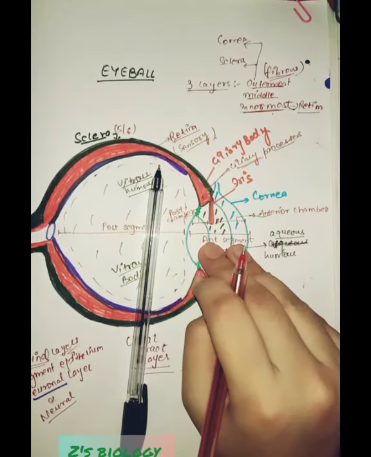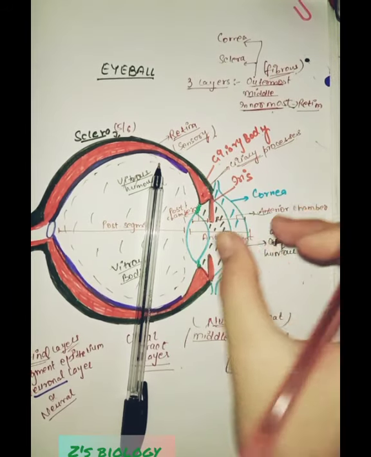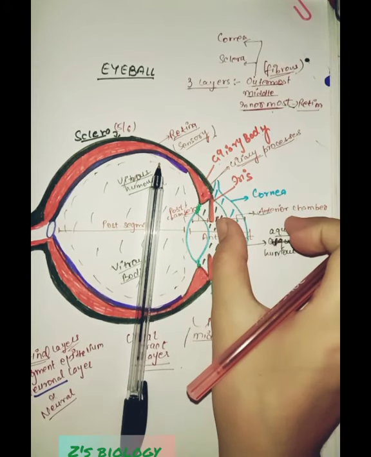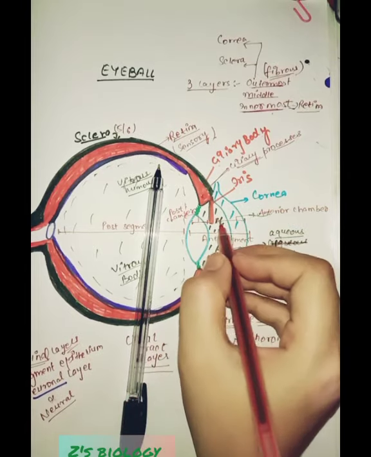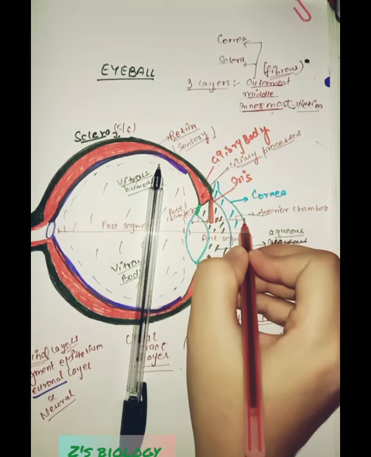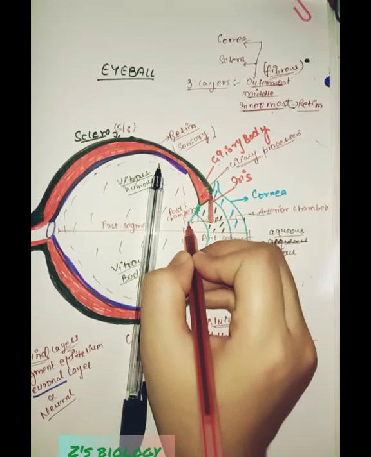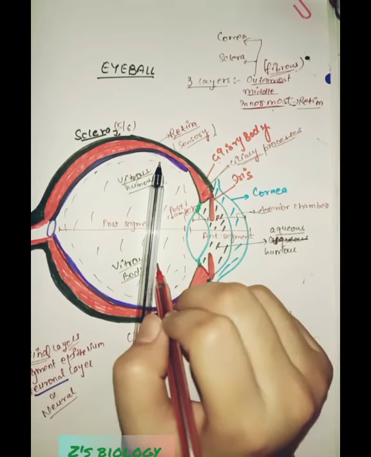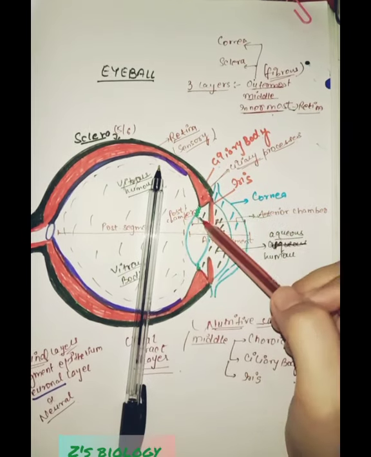From here to the cornea it is the anterior chamber, and from here up till the lens it is the posterior chamber. So why is it divided?